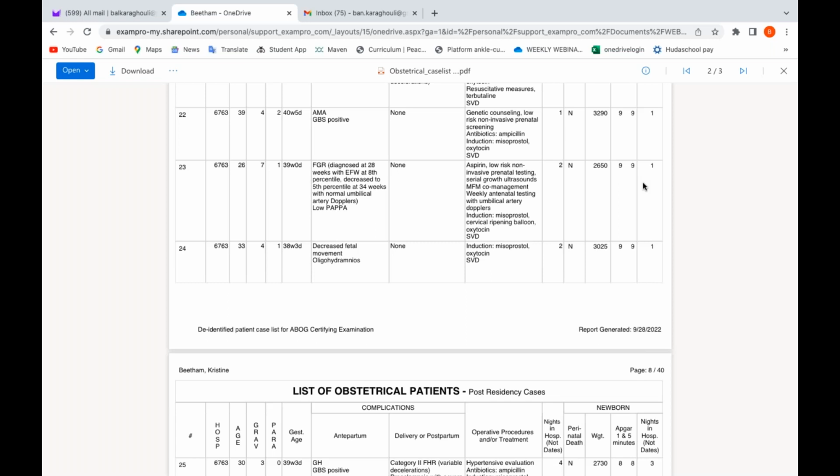So fetal causes of IUGR could be chromosomal abnormalities, as we previously discussed, or placental causes could be anything that could cause decreased placental perfusion, such as a chronic abruption, single vessel cord, or any infections in the placenta, such as syphilis, CMV, or toxoplasmosis.